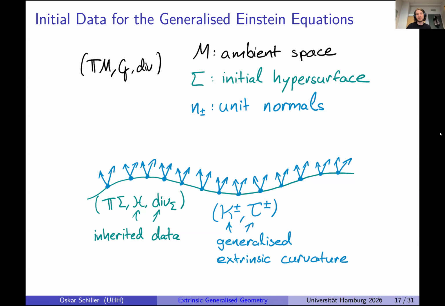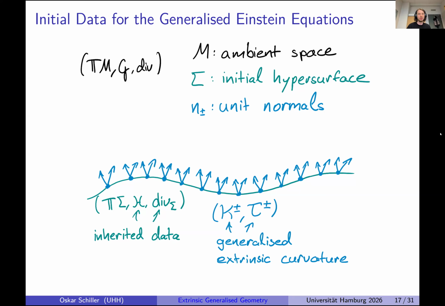And to describe these first time derivatives, if you're familiar with the normal Einstein equations, you can use the second fundamental form. The second fundamental form, as I reminded you, is the first time derivative of the metric. Now in our case, the difference is that instead of the tangent bundle, we're working with the generalized tangent bundle, and we have two normal directions.